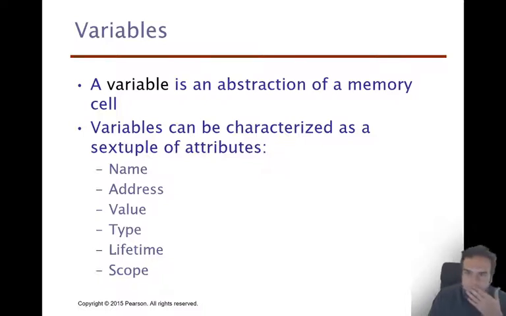A variable, really, as I said in this von Neumann architecture, is an abstraction of how we deal with memory. So instead of just imagining we're moving through a large linear address space and looking things up only by their location on a tape, we're going to imagine that we have names associated with these abstract memory cells. So a variable has more than just a name.